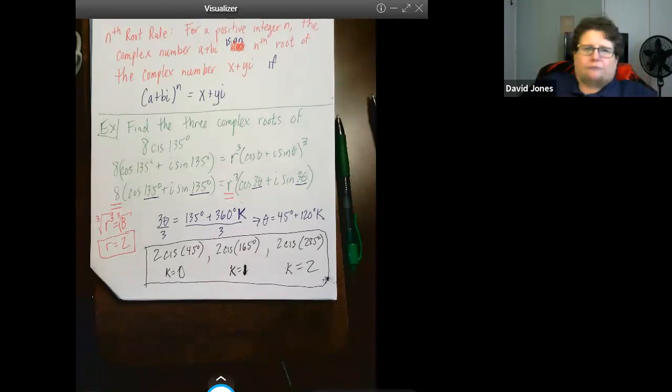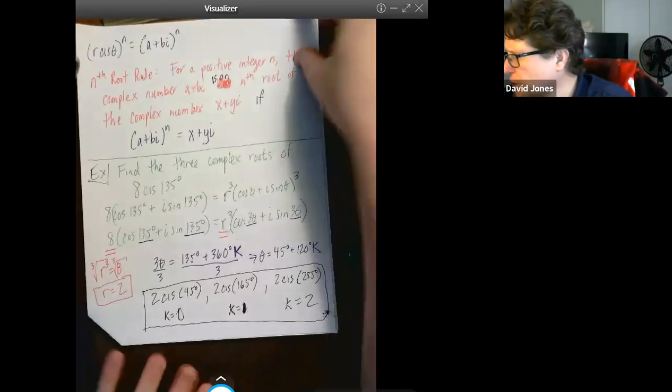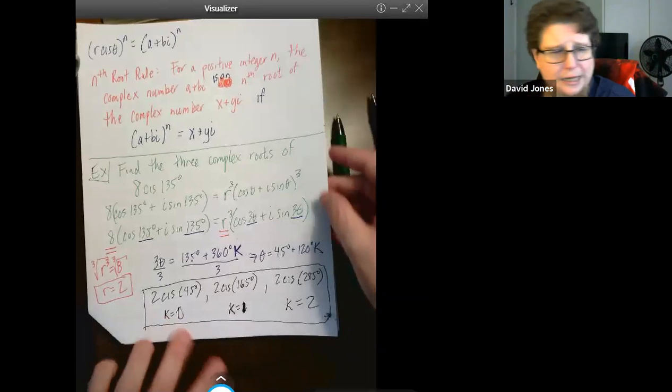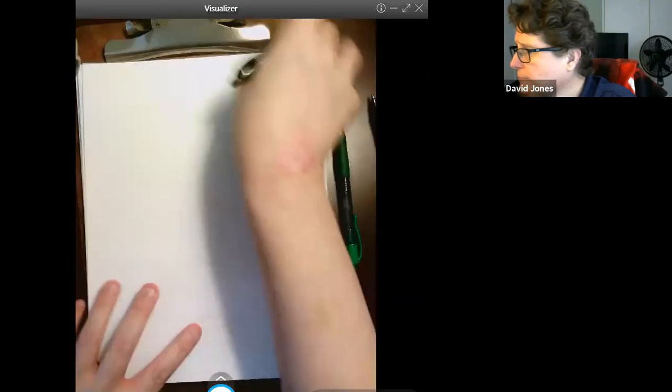They have another way of writing this theorem. I'll show it to you. I don't know how helpful it is. We're going to do some more examples, but I thought you should see them. It's called the Nth Root Theorem.